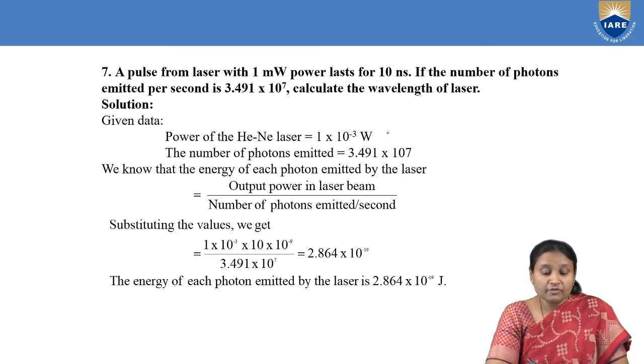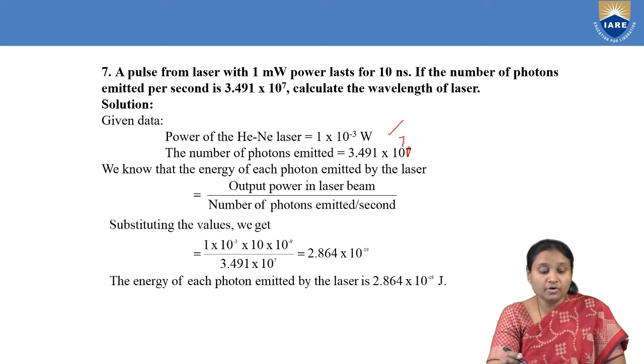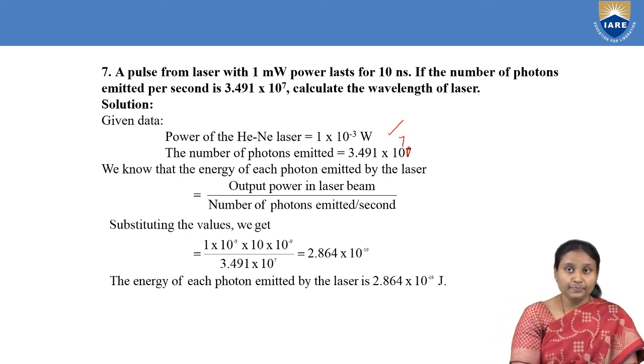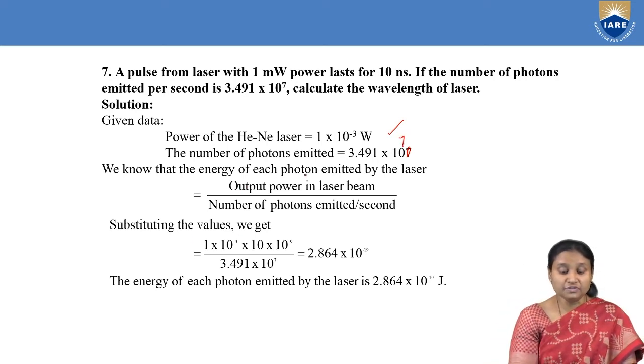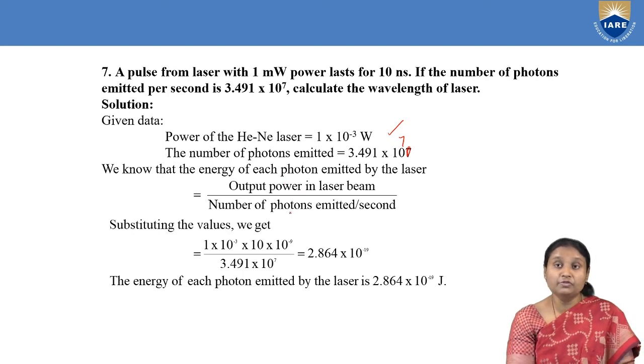So here, the formula for the energy of each photon is the output power of laser beam divided by the number of photons emitted per second. So here output power is 1 into 10 power of minus 3, and of course, we were given the number of photons emitted per second.